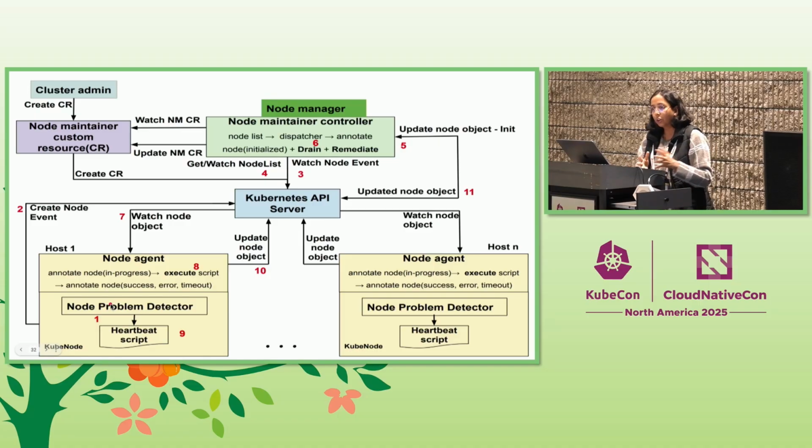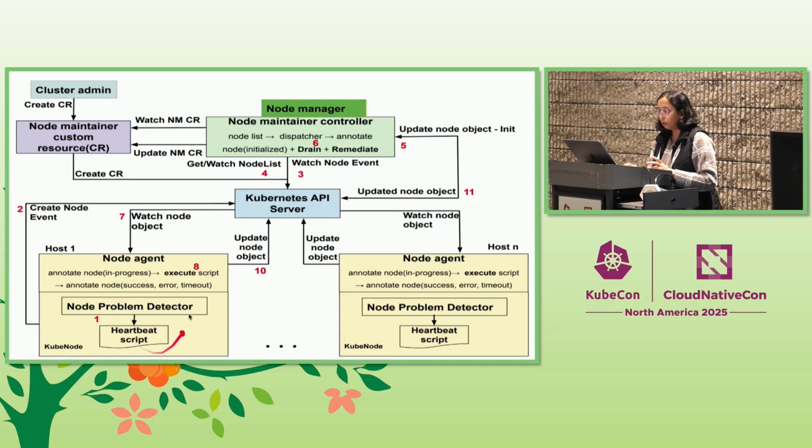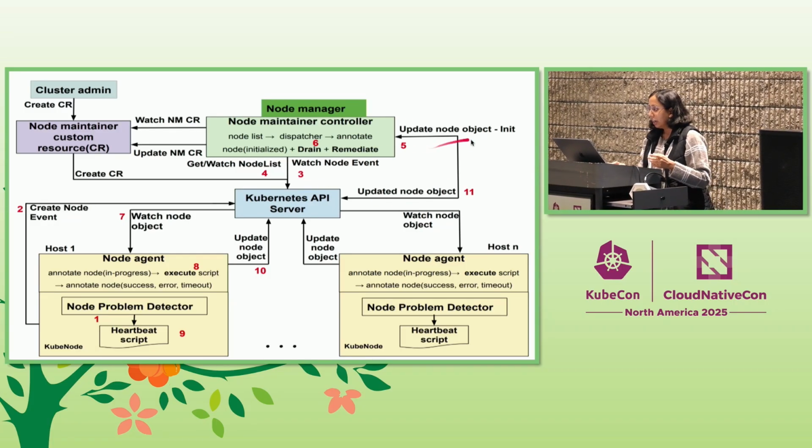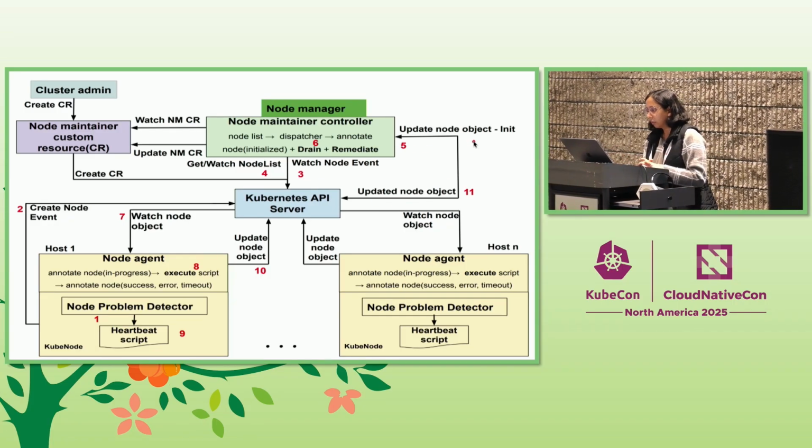So let's get into the flow of how it internally works. The node problem detector keeps running all these checks, or the heartbeat script, looking for any issues. At any point of time, if it finds any issue, it creates a node event and submits it to the Kubernetes API server. The controller, which keeps watching for node events, sees that event, finds the node which has the issue, and tags the node with the initialized status.